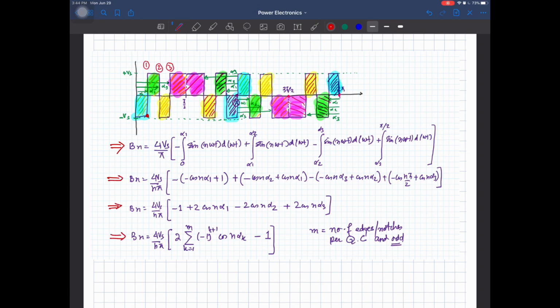So Bn will be given in general with the help of this expression, where m is the number of edges or notches per quarter cycle, and it should be an odd number. By adjusting the angles alpha 1, alpha 2 and alpha 3, we can cancel out 3 sets of harmonics at a particular instant of time.